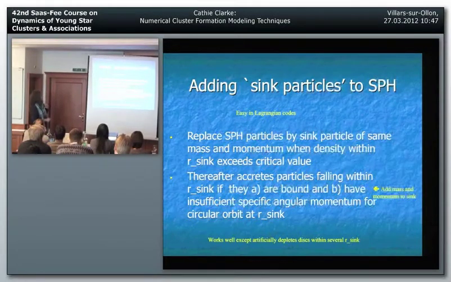I should, just backtracking a moment, you create the sink by having a requirement on having bound material above a certain density within that radius. So at that point, you replace your SPH particles by your sink particle, but this is the criterion for deciding whether something else that strays within the sink should be added to the particle or not. And again, it works very well, except there's an issue with disks.